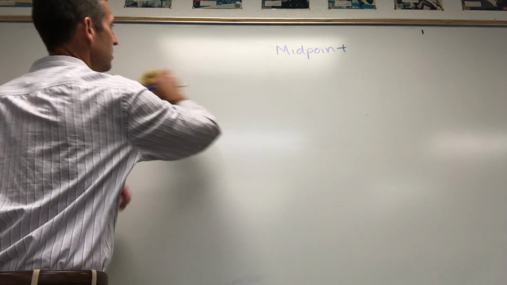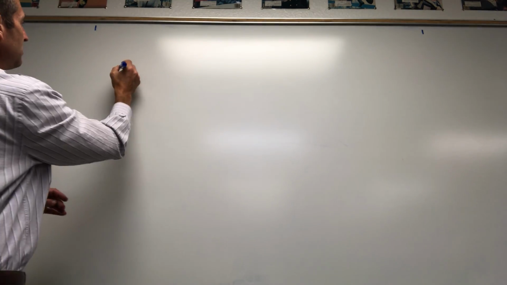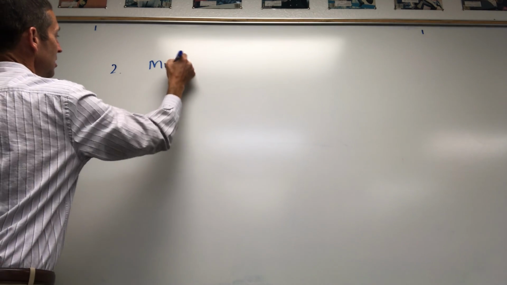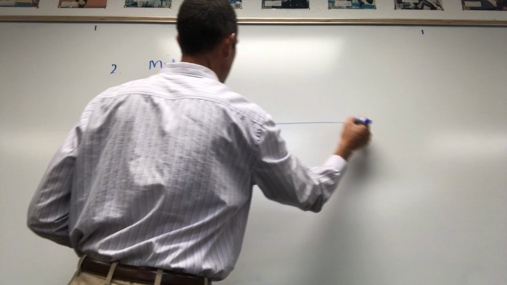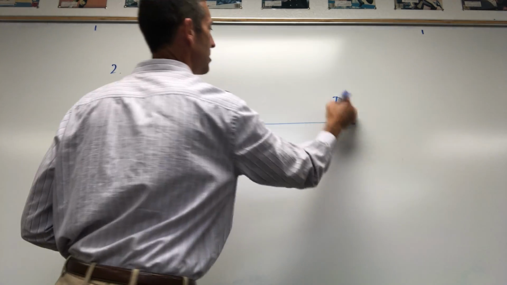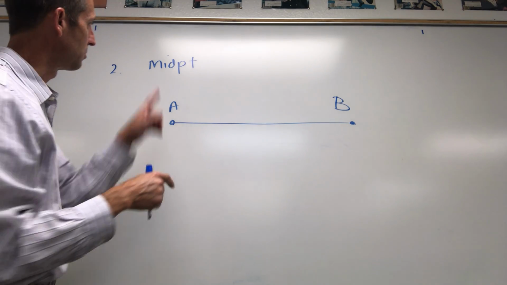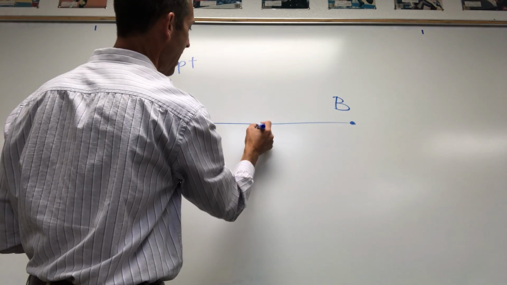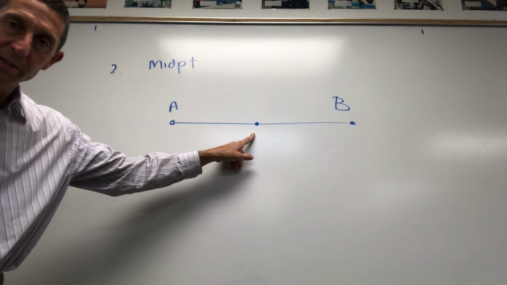And then the other part of today, you've got midpoint going on. So let's say we've got number 2, and we're doing midpoint. You have this line segment running from A to B. The midpoint is exactly right in the dead center middle of the segment.